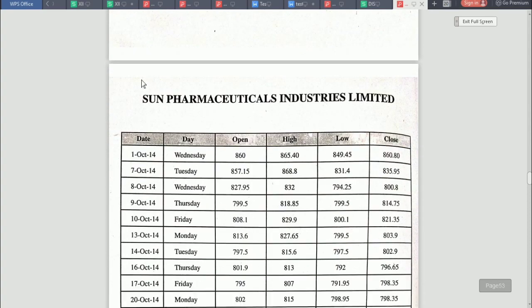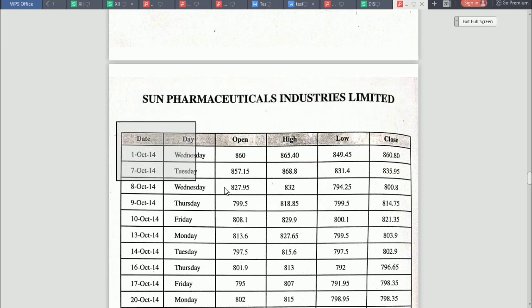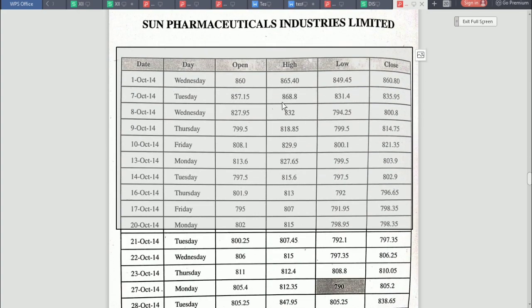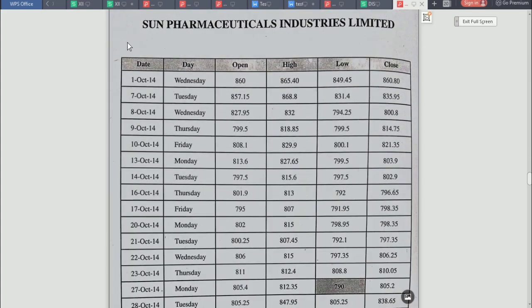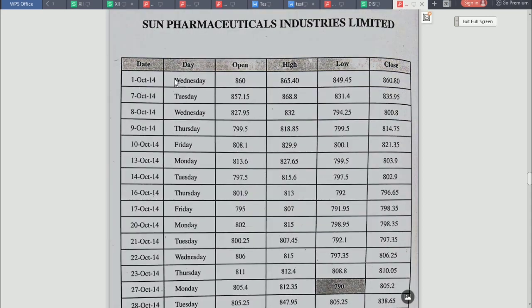I've taken 5 companies and one of them is Sun Pharmaceuticals Industries Limited. And Sun Pharmaceutical Industries Limited was having market value of share in the month of October 2014 like this. When you collect the data from nscindia.com or the website of the company, you will get the information about the market value in this format only, that on a single day, that is 1st October, that was Wednesday, the market price when the market opened for this company's share was 860.